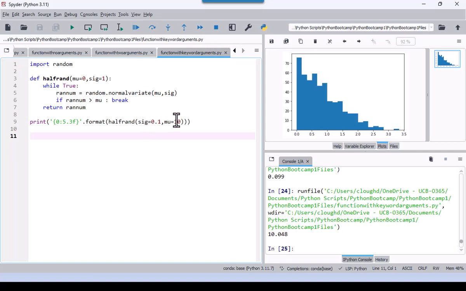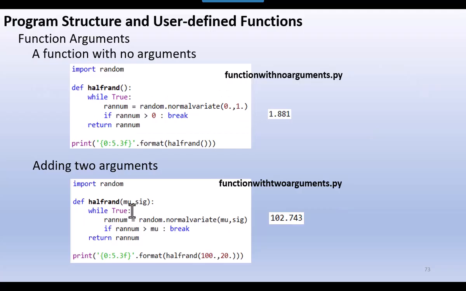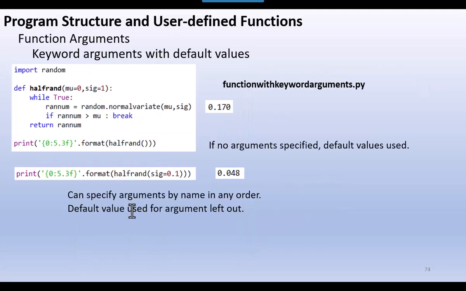And the order here is reversed to the order in the function definition, but it doesn't care because I have identified the appropriate argument names, and these are keyword argument names. Okay? So, popping back to our slides, you can see essentially what we've illustrated here.